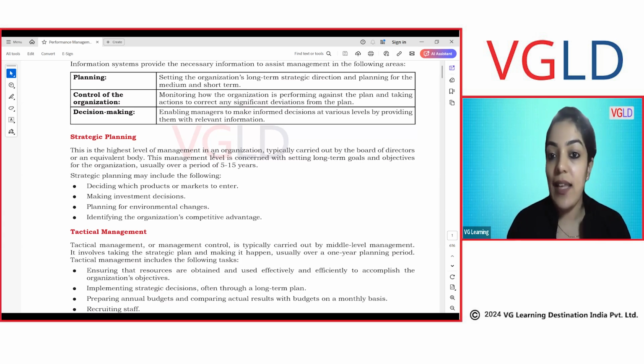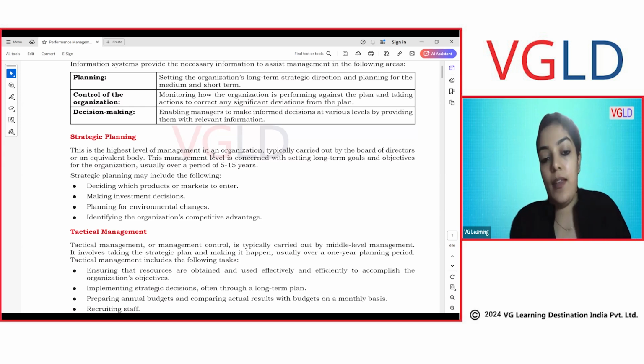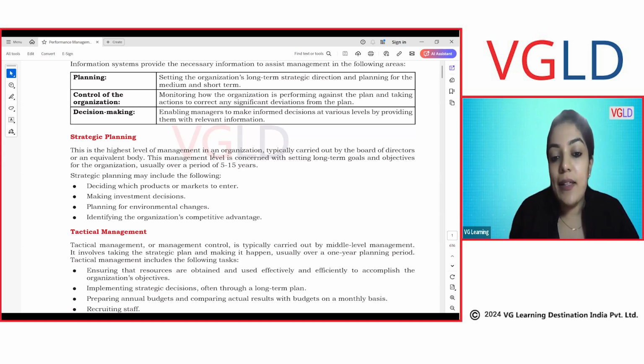So, whatever changes are happening in these types of environments, it is the duty or the role of the highest level of management to plan the strategy to be implemented in such cases. And then last is identifying the organization's competitive advantage. What is it that our company is really good at? So that is done by the senior management.